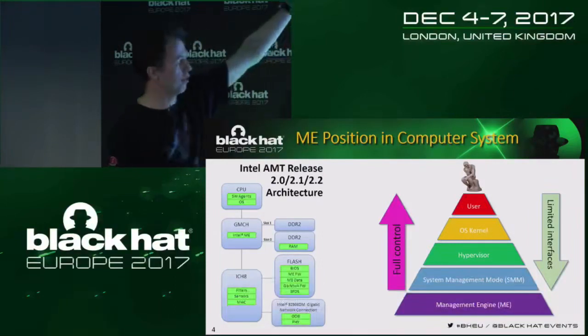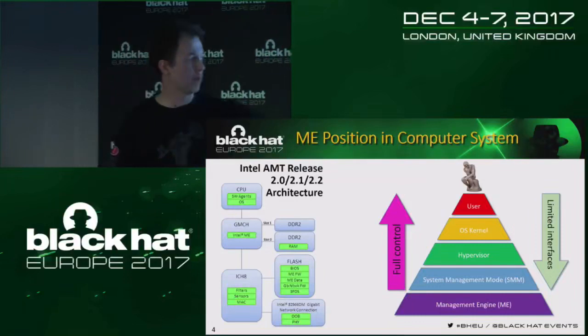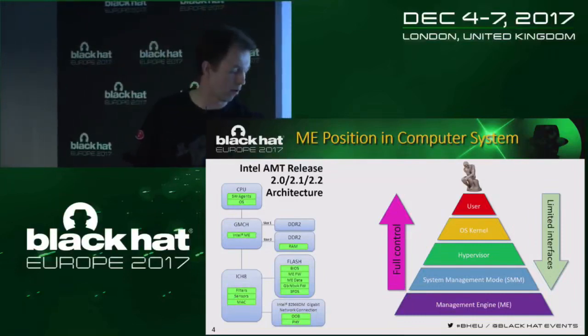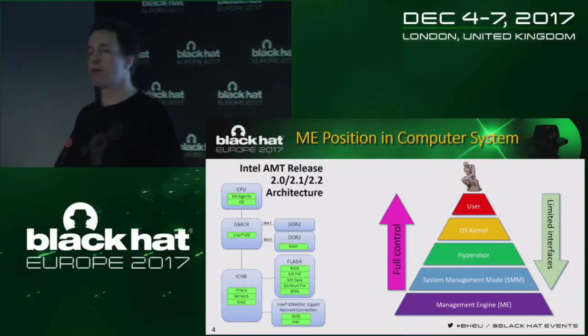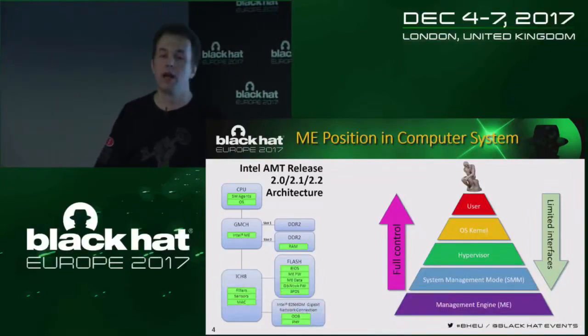It could communicate with the central processor, with the integrated controller hub, with flash memory, and with everything else, with the network adapter. Also, Intel documents that Management Engine has so-called out-of-band access to network cards. So it could send and receive packets, and those packets would not be visible from the level of the operating system running on the computer.